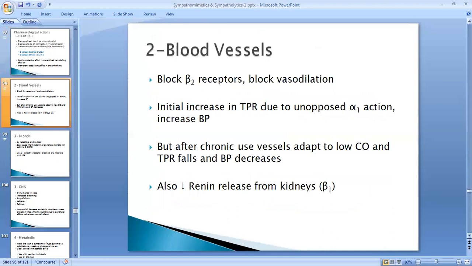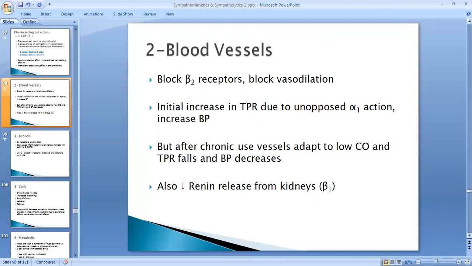Effects on the blood vessels: beta 2 receptor stimulation causes vasodilatation in the peripheral tissue. But when we block these receptors, it blocks the vasodilatation. Initially there is an increase in total peripheral resistance due to blocked vasodilatation and also due to unopposed action of alpha receptors, so there is a slight increase in blood pressure.